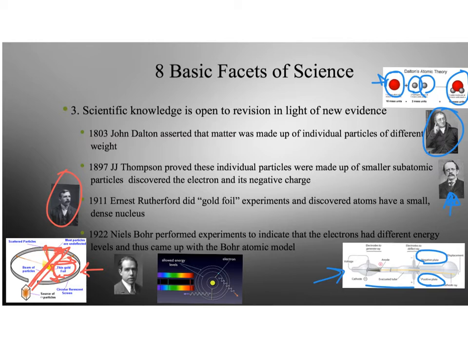And so we can see here as we go through the years that 11 years later, Niels Bohr, this guy right here, in 1922 performs experiments, and he is working with the idea that a lot of elements are able to give off light, and he noticed that different elements give off the same distinct lines of light, okay, every single time.